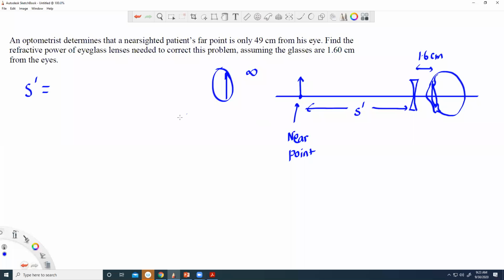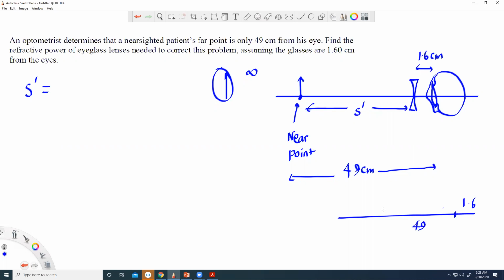So our image distance would be S prime. What is S prime here? So the far point is the distance from that point to your eye, which is 49 centimeters. And the distance between the lens and the eye is 1.6. That means what is S prime? This whole thing is 49. That is 1.6. What is this distance? S prime. You have 49, you have 1.6.